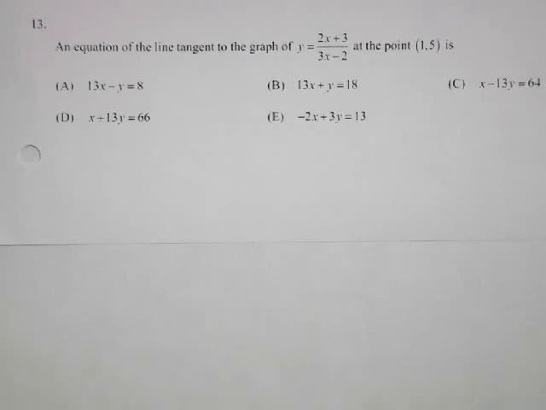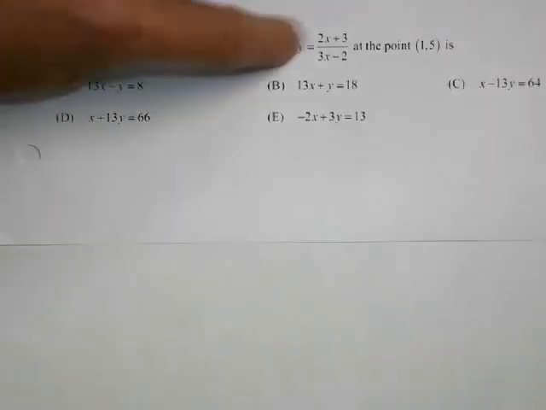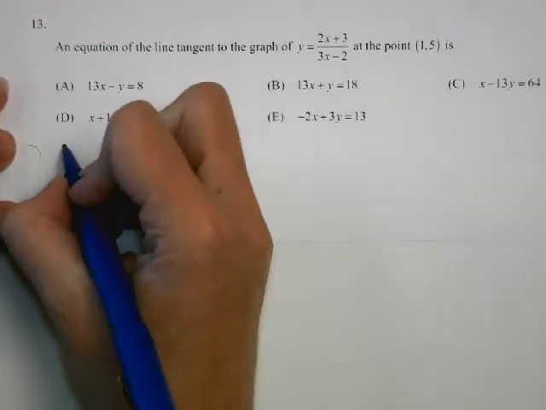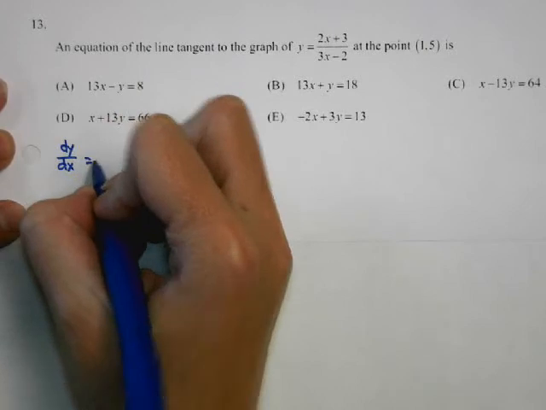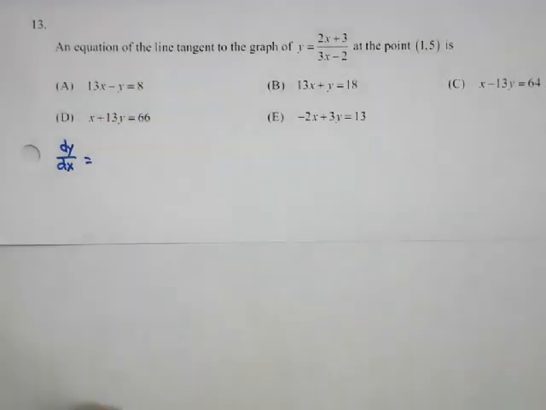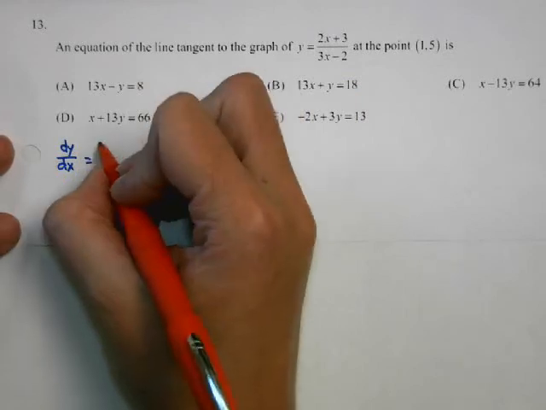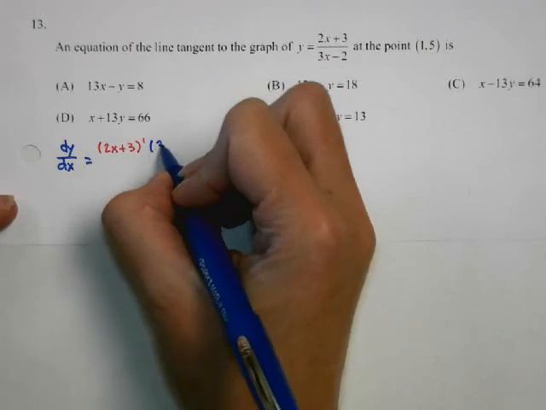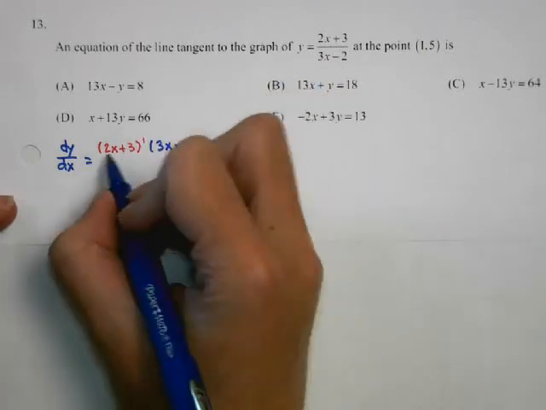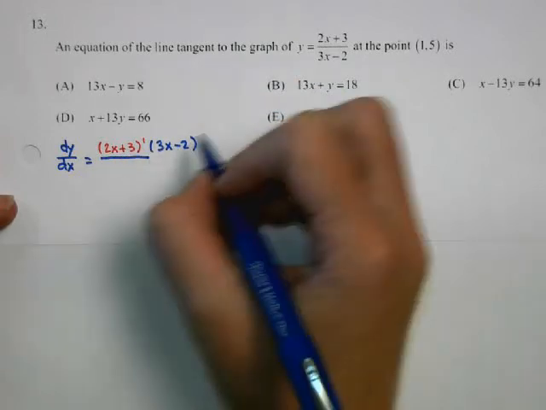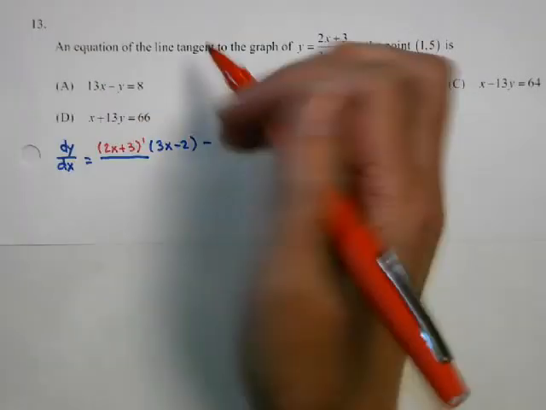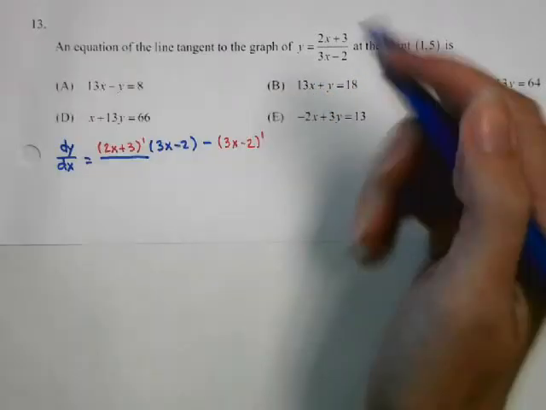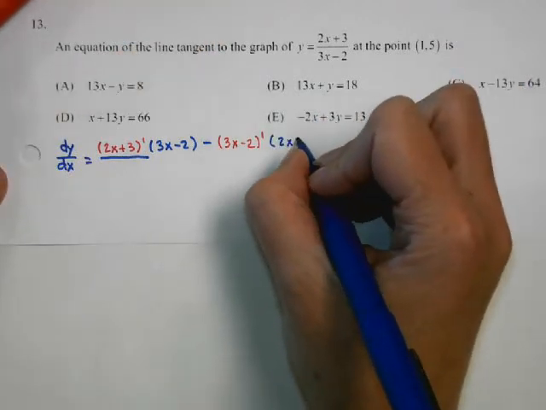Okay, so our last problem, we're going to write the equation of a line tangent to this function at the point (1, 5). So we have our point, we need to find our slope. So dy/dx, we're going to use the quotient rule. So this is going to be the derivative of the top times the bottom minus the derivative of the bottom times the top.